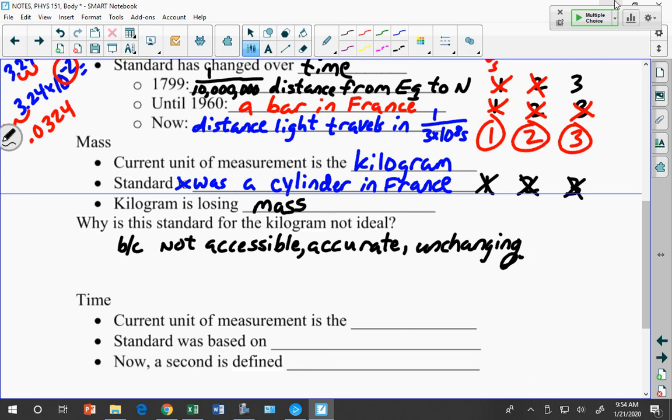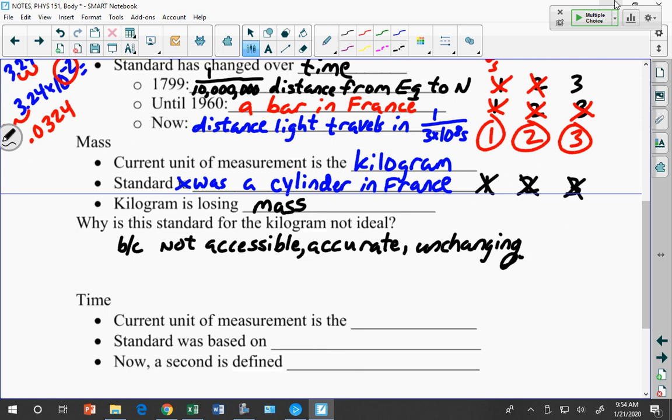For several years, there were a couple of different contenders to be the new standard for the kilogram, and people poured billions of dollars into creating a new standard. One of the standards was a sphere that was made out of silicon atoms.